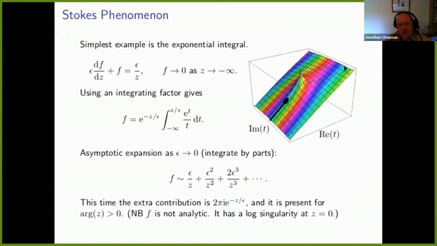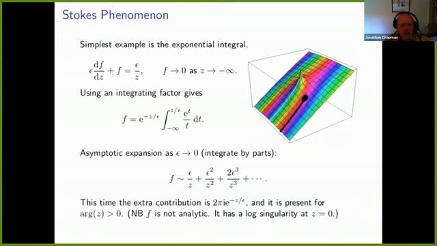The real part grows linearly in the real part of t here. So the steepest descent contour is just parallel to the real axis and goes off to minus infinity in this case. So here I'm starting on the negative real axis.